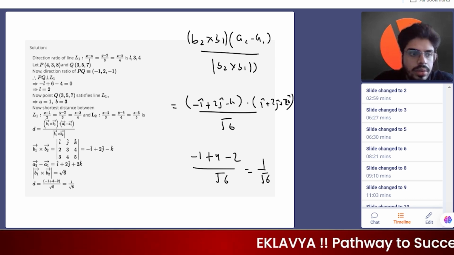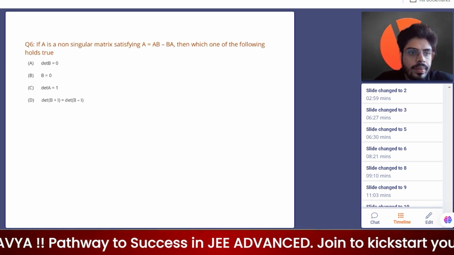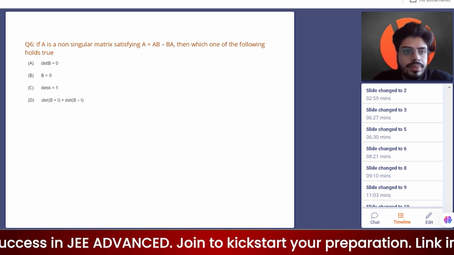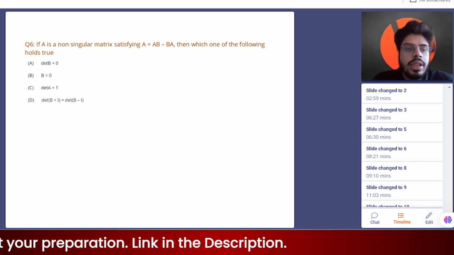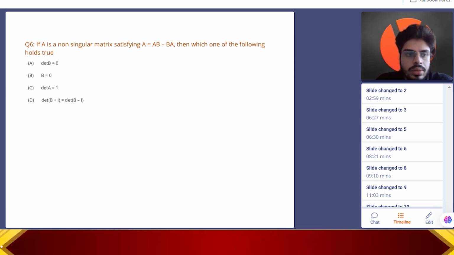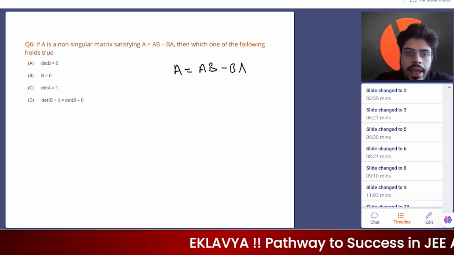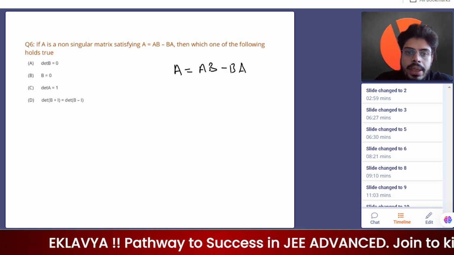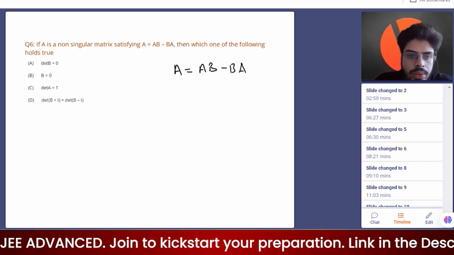Okay, so let us solve the next one, the sixth question. In this question from matrices, A is non-singular, so determinant A is not equal to 0, and A is given as AB minus BA equals AB minus B. So what can we write about AB?